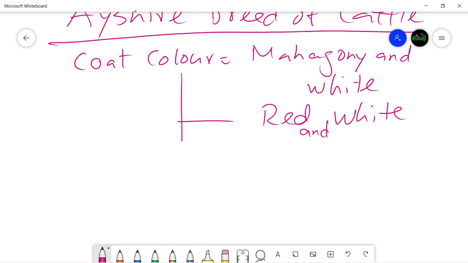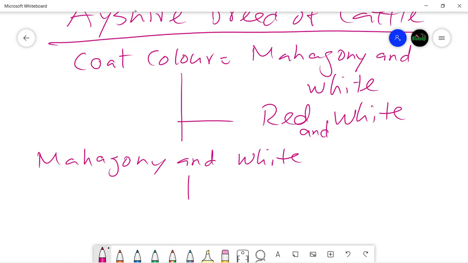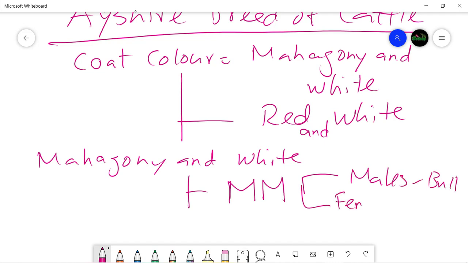Now, as far as the first phenotype is concerned, which is mahogany and white, this phenotype is produced by a gene M, capital or uppercase M. And when it is uppercase M in homozygous condition, then this particular phenotype appears in both males, that is bull, and females, that is cows.